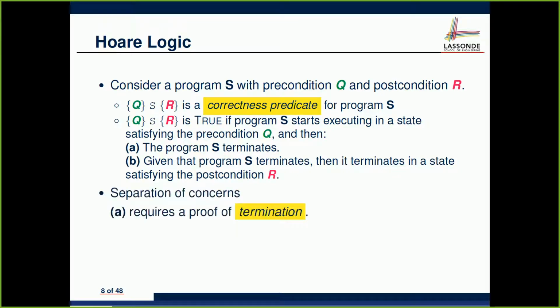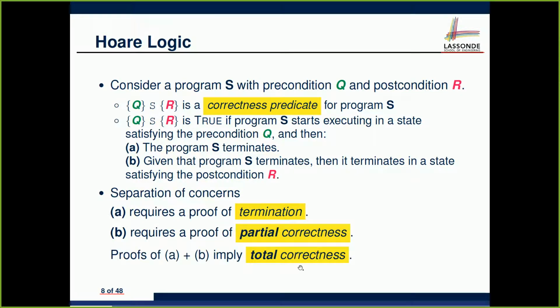Item B does not require any explicit proof about termination; assuming that S terminates, it will satisfy the postcondition. That's why B is called partial correctness. Without proving A, B is only partial. But if you can prove both A and B, you call it total correctness.